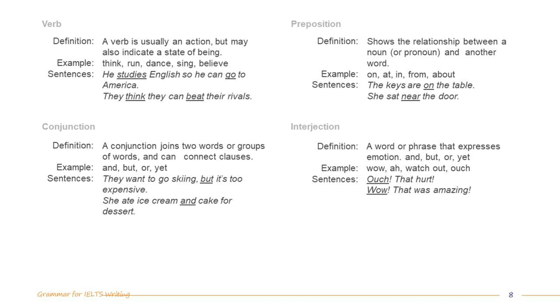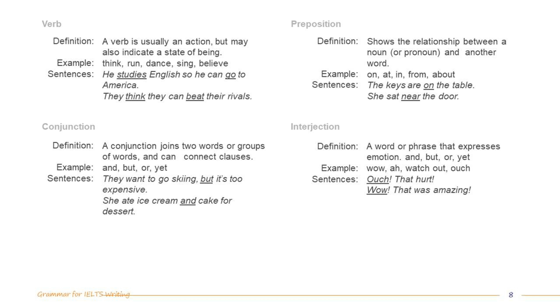Conjunction. A conjunction joins two words or groups of words and can connect clauses. And, but, or, yet. They want to go skiing, but it's too expensive. She ate ice cream and cake for dessert. Preposition. A preposition shows the relationship between a noun or pronoun and another word.